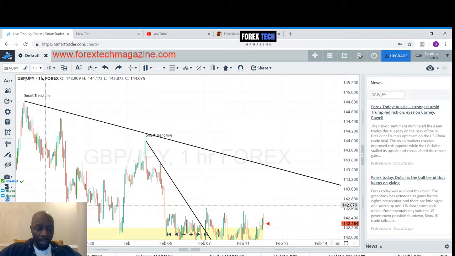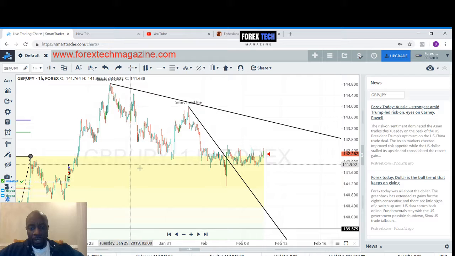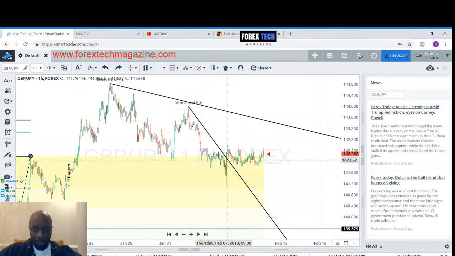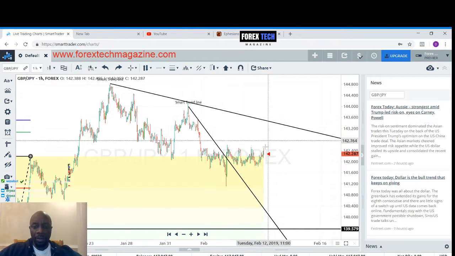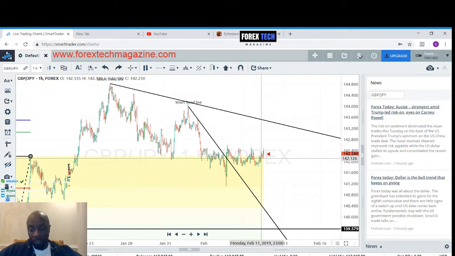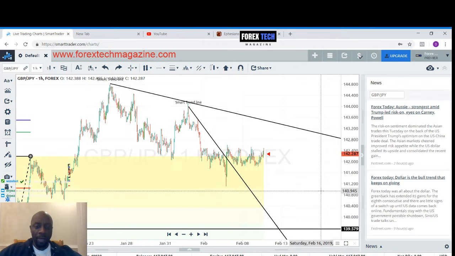Once again, it's good to be mindful of the inner trend line that's here. But what we're looking for is a break over that outer trend line before we actually commit to trying to get back into this market. Because what could essentially happen is that price moves up, hits this outer trend line, and then U-turns and moves back down again.